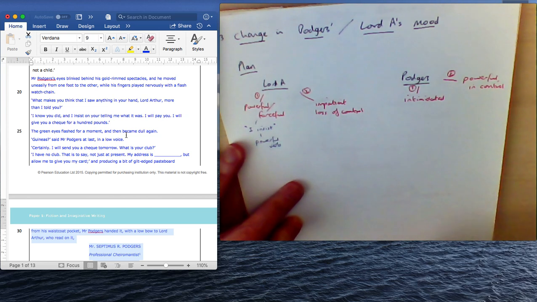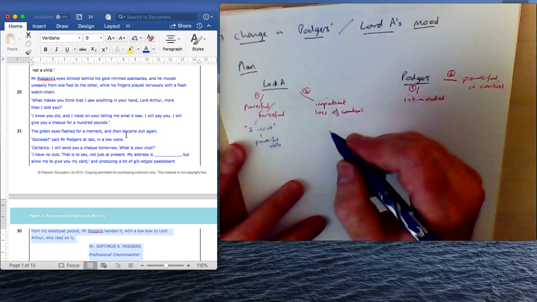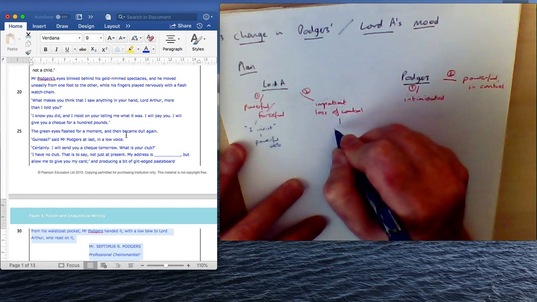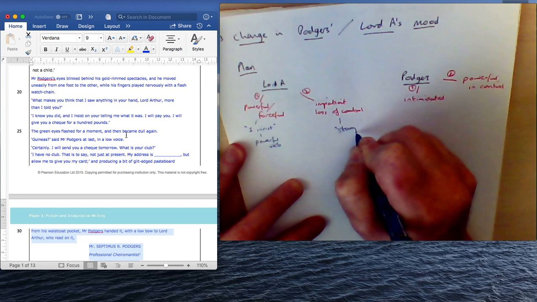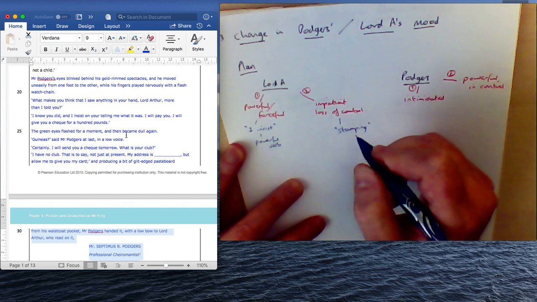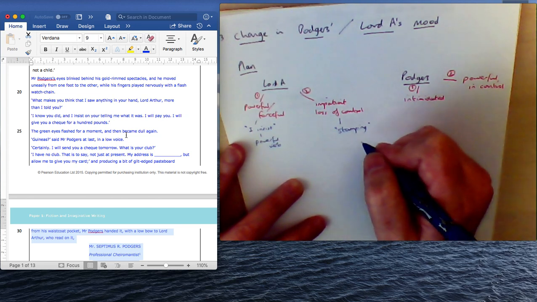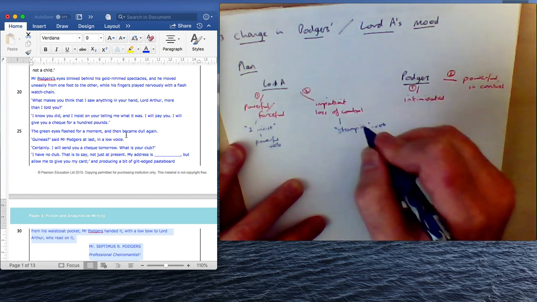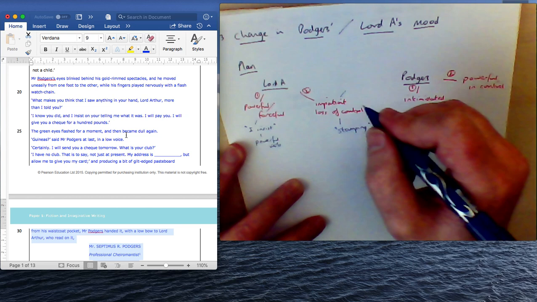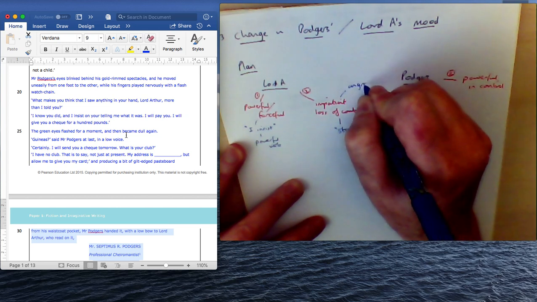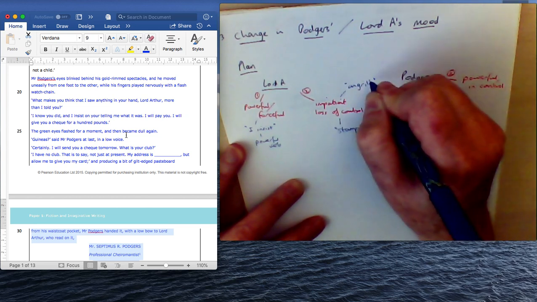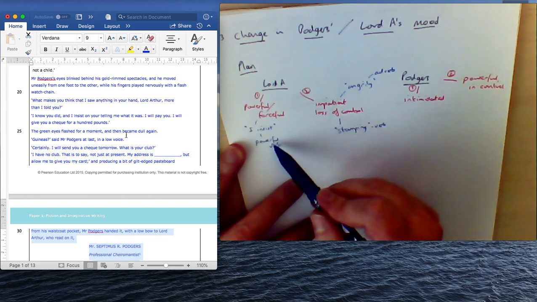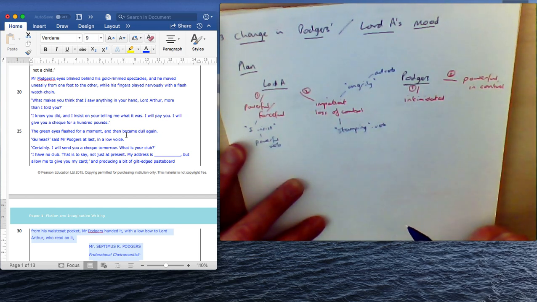Towards the end I would say he is losing control. You've got the verb where he stamps his foot, and the adverb angrily. So I've got my language analysis and my use of terminology in there already.